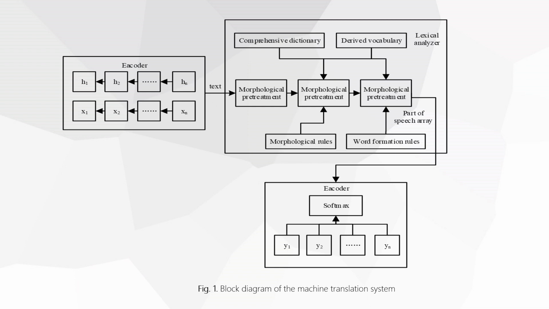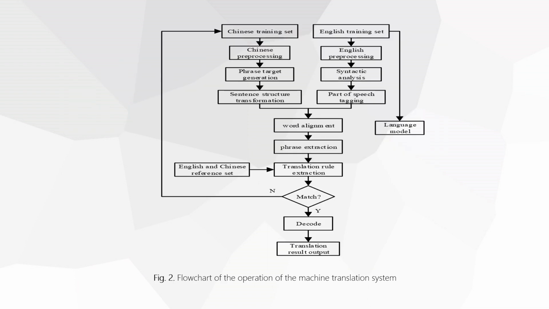The whole process of machine translation can be divided into the following three parts: model training, parameter feature tuning, and translation decoding. The overall structure of the machine translation system is shown in Figure 1. Model training includes basic processing steps and training language models and sequencing models.